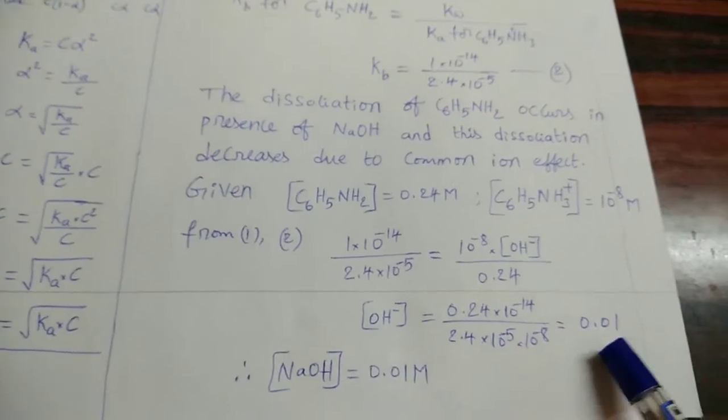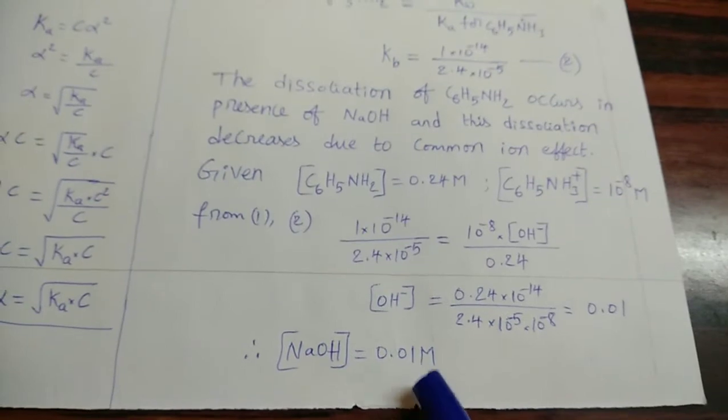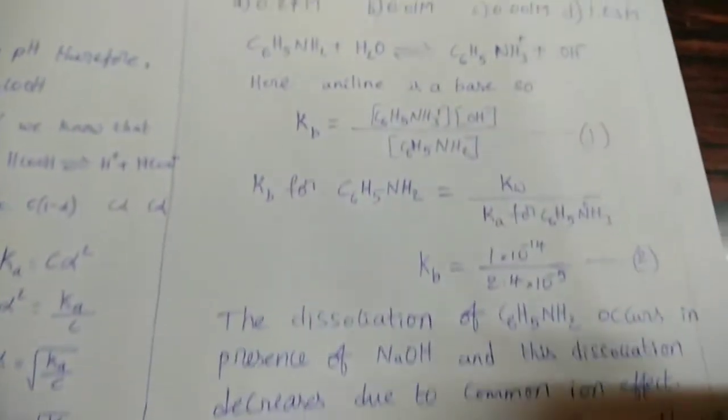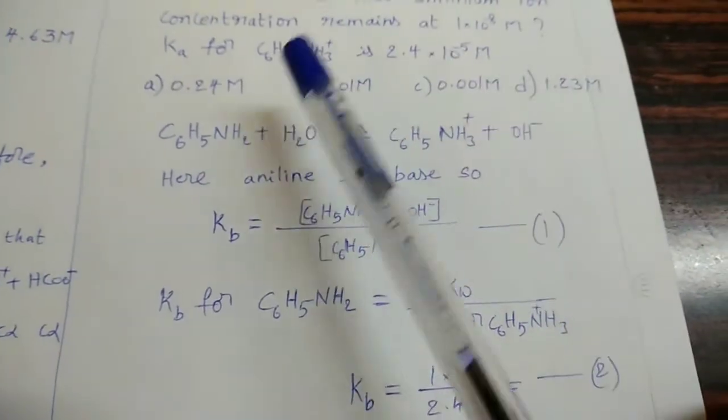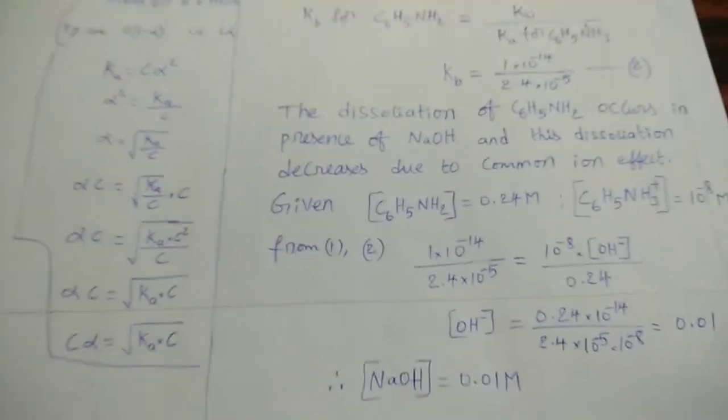From this we find out the OH minus ion concentration. So NaOH concentration is 0.01 molar. Okay, so what is the option? Option B is the answer. See the next question, next topic.